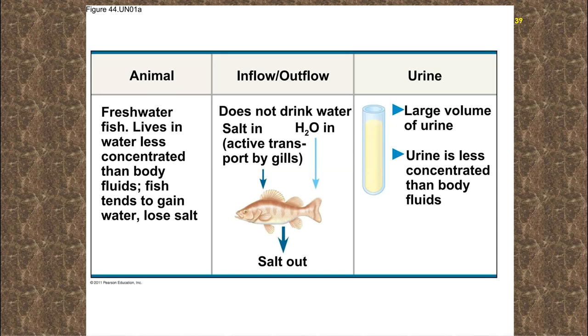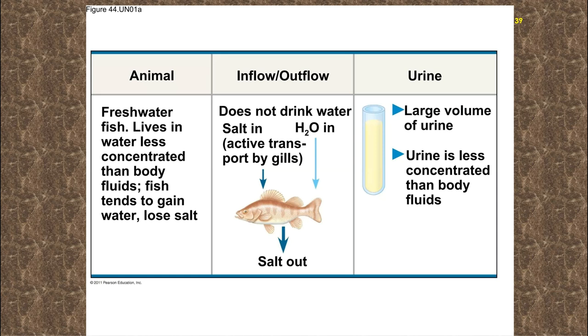So the freshwater fish lives in water less concentrated than that of the body fluids. Then the fish tends to gain water and lose salt. It does not drink water, and active transport of salt by the gills takes place in such animals.